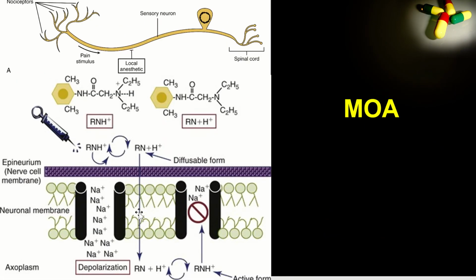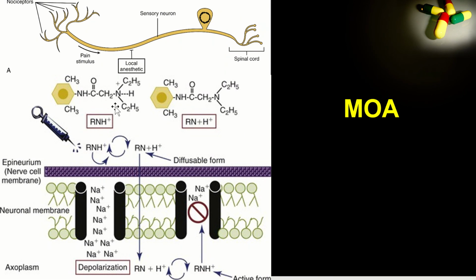All right, this diagram essentially has the same info. But because I saw this picture, I thought it'd be nice to add this component to show the local anesthetics at the axon, that part of the membrane, and to also show that it's intercepting the pain stimulus between the spinal cord and the pain stimulus. So it will act at this portion of the nerve.